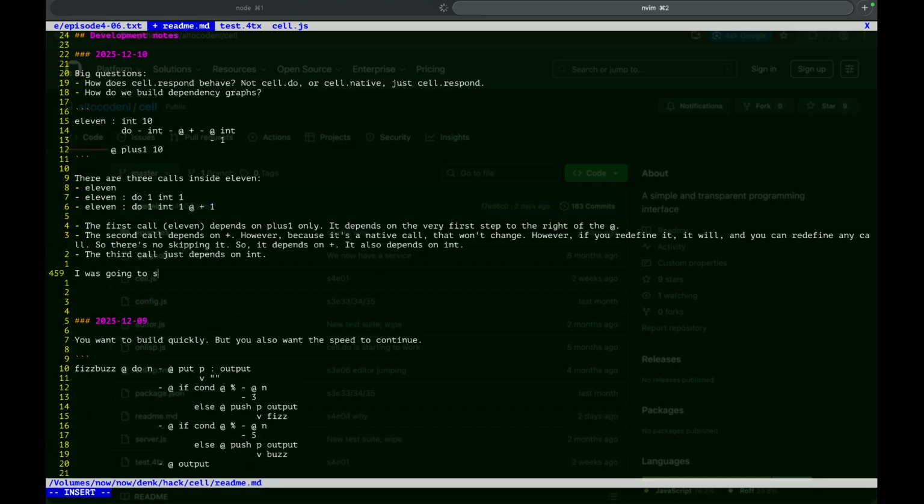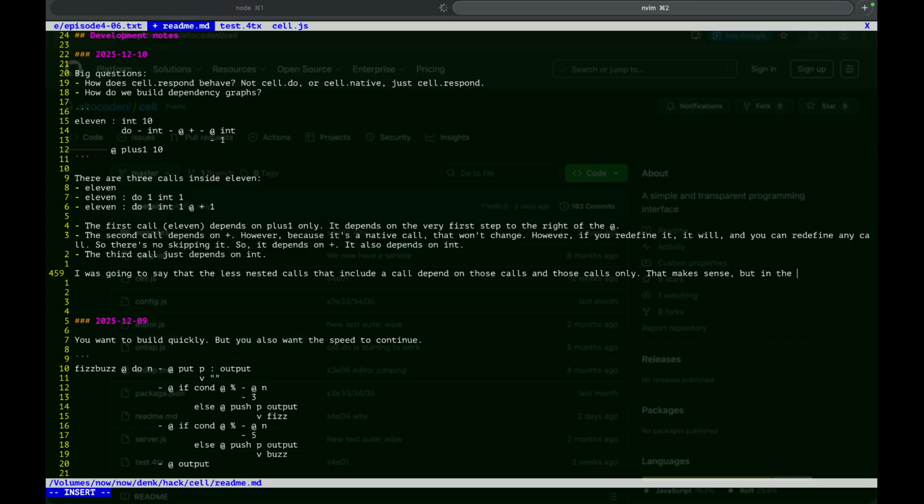I was going to say that the less nested calls that include a call depend on those calls and those calls only. That makes sense.